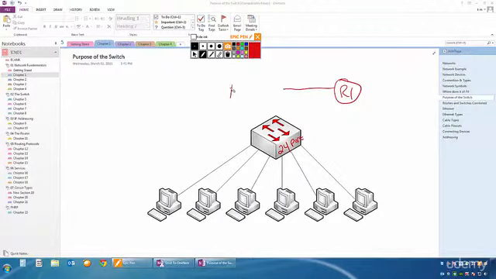Now, if that router takes up a port, how would I fix that problem then? Well, that means I would actually have to get another switch, plug that switch into this, and plug that 24th PC, PC 24, into here. And there we go. So now this will be port 24 on this switch. This will be whatever port you want. That's what I will have to do. I'll have to add another switch to make this happen.